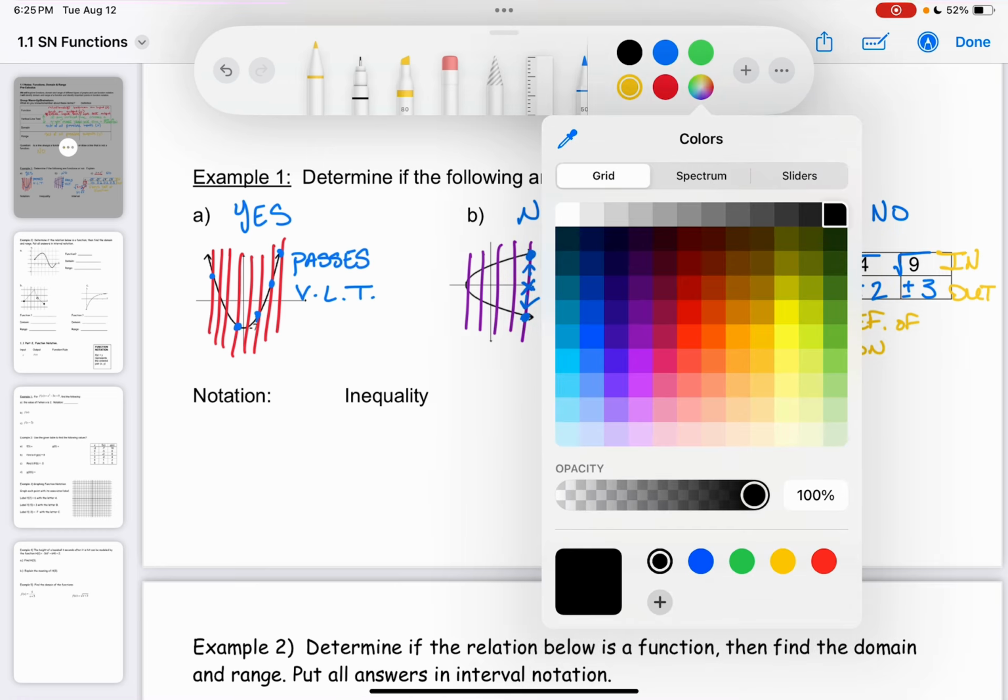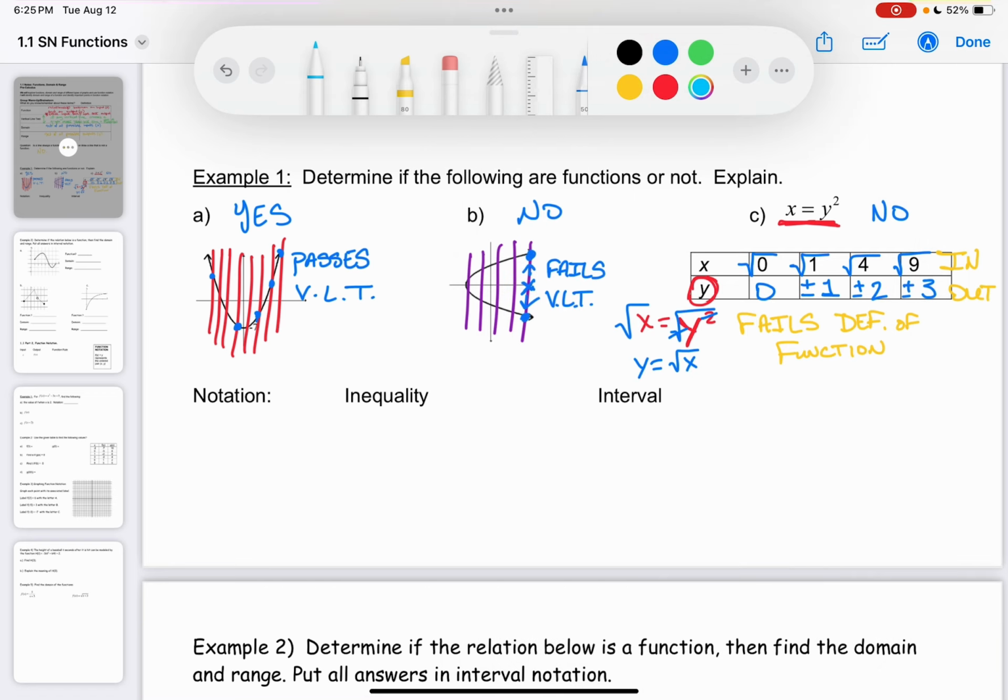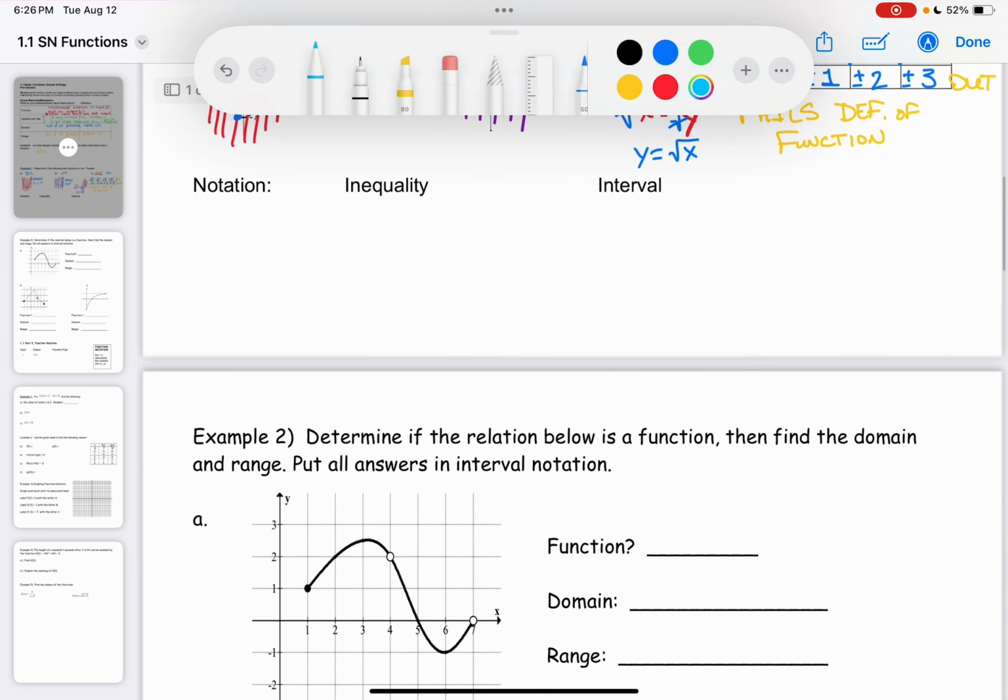All right. Still moving here. Inequality and interval notation. I'm going to start with an example. For inequality notation, we could have something like x is greater than negative 2, but less than or equal to 4.